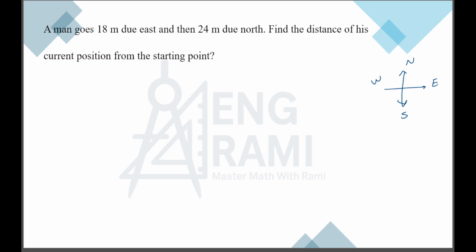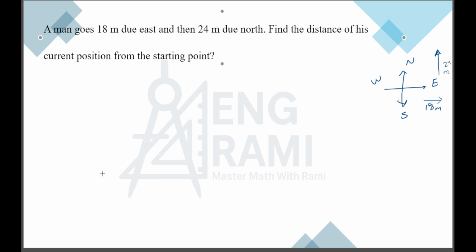So the man goes 18 meters due east and then 24 meters due north. Find the distance of his current position from the starting point.